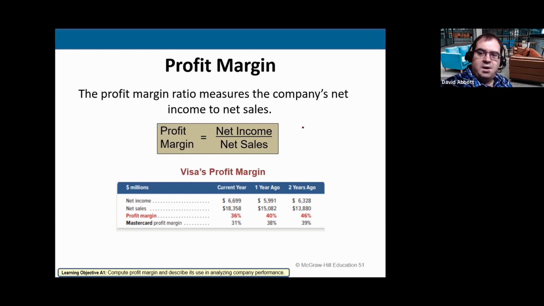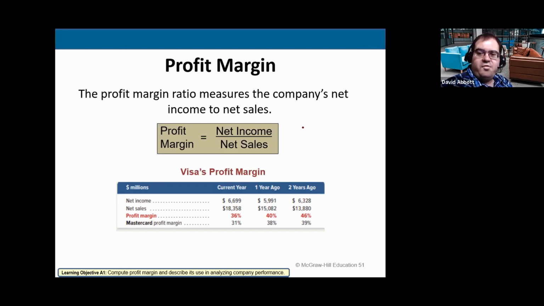So in the example here, again, these are in millions of dollars. We're looking at the current year. We see almost 6.7 billion of income, and then they had sales of almost 18.4 billion.